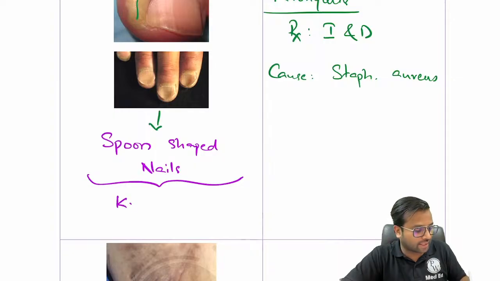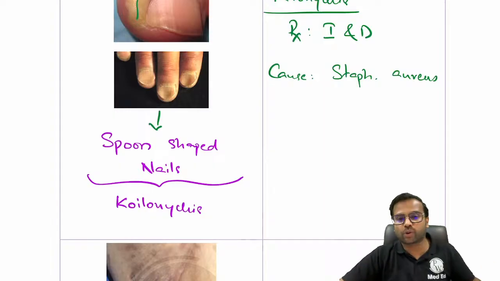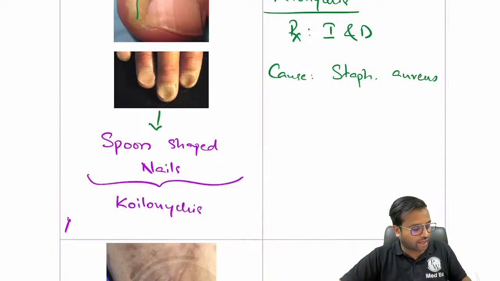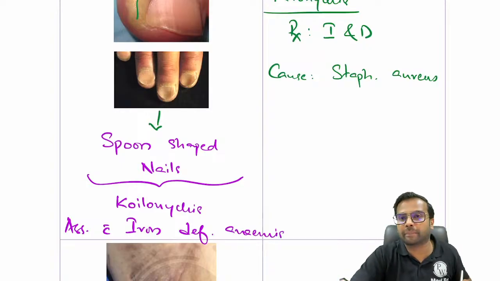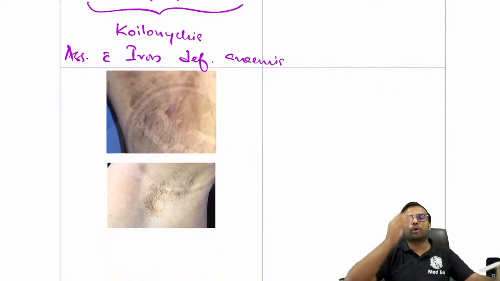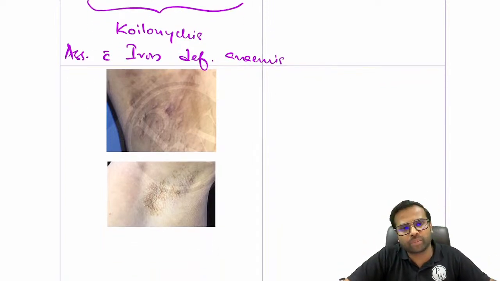Yes, this is called koilonychia. Amazing. Koilonychia is most commonly associated with iron deficiency anemia. Clear? So, chalo. After talking about all these nail findings, now let's see some more images.